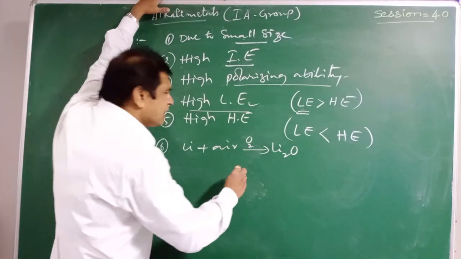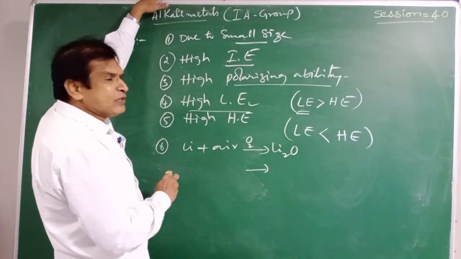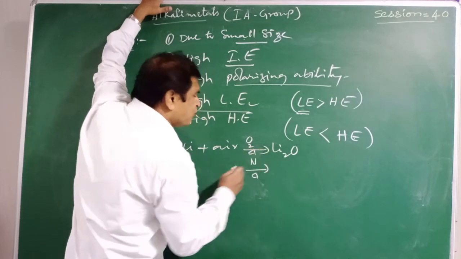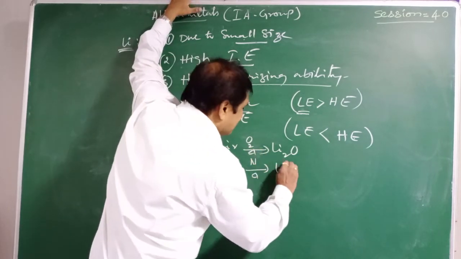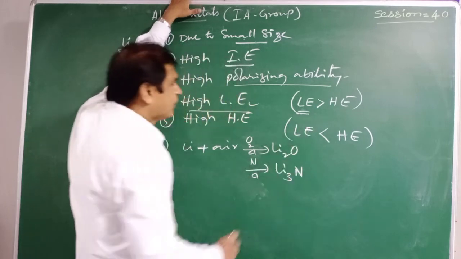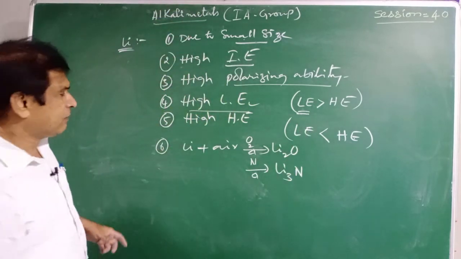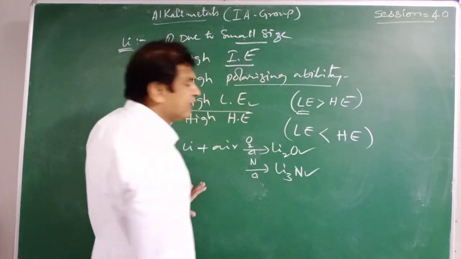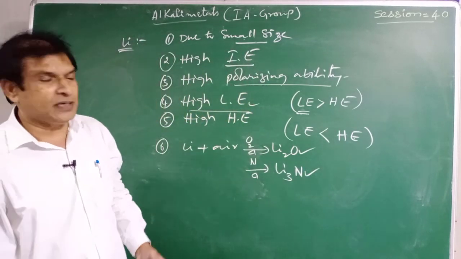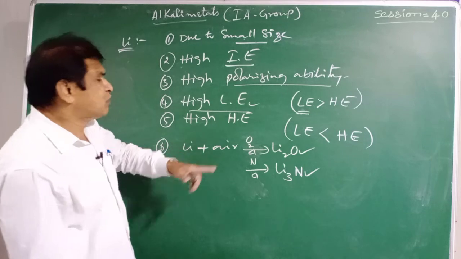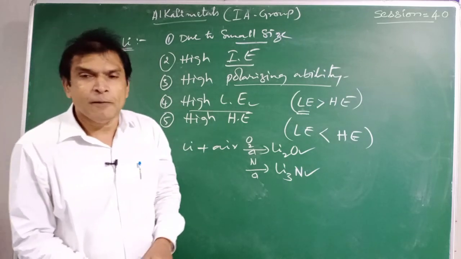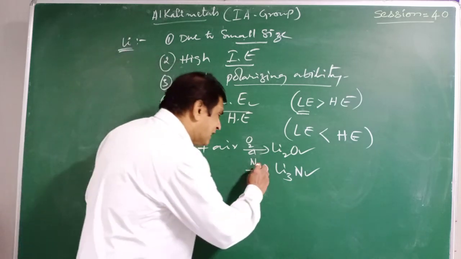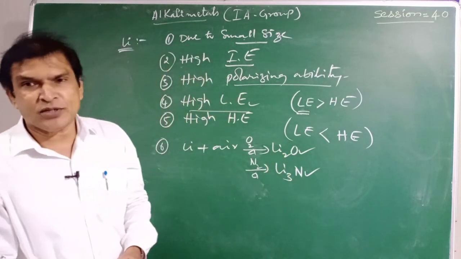Lithium can also combine with atmospheric nitrogen and forms lithium nitride, Li3N. That is a special property of lithium. When burnt in air, it forms lithium oxide and also reacts with nitrogen directly to form lithium nitride.